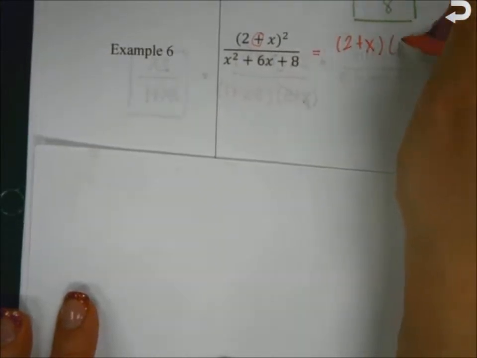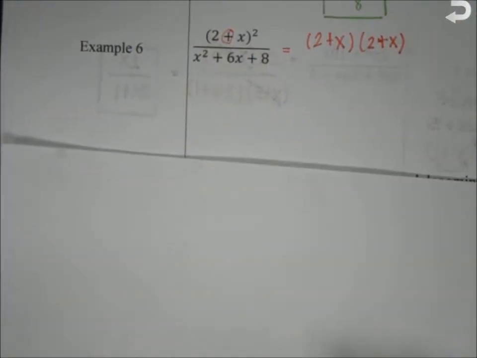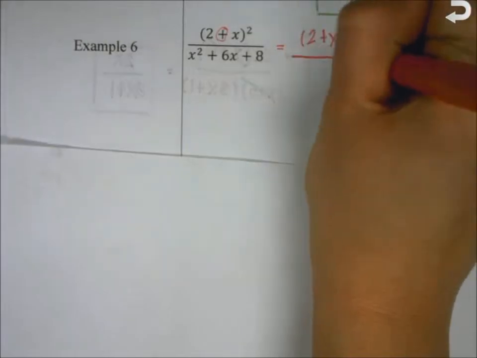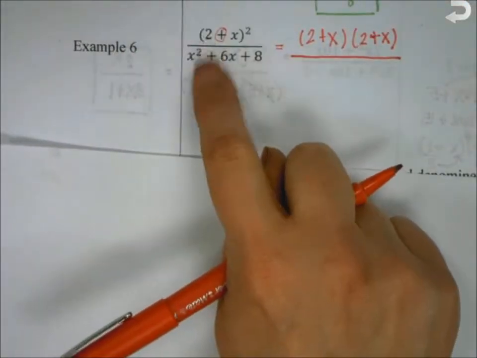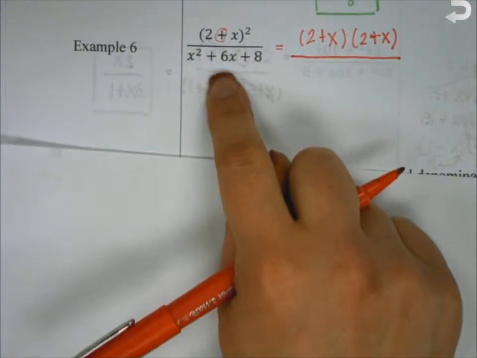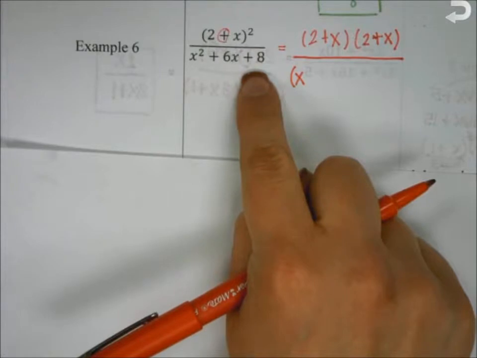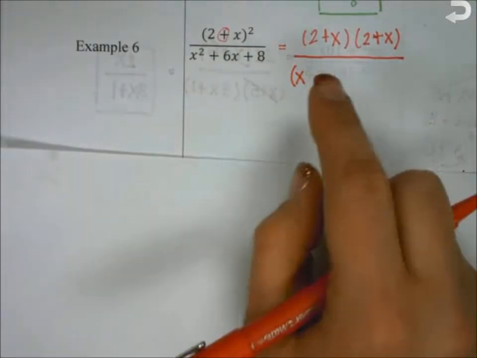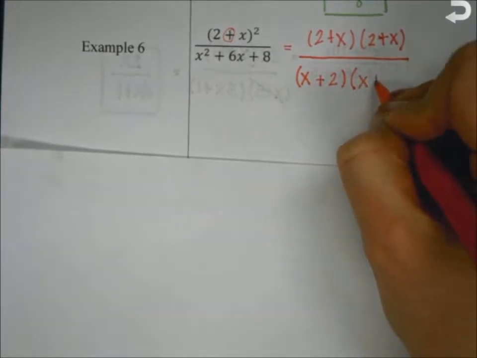And instead of foiling it all out, let's look at the denominator. Can I factor that guy? Yeah, I can use diamond there. So what two things multiply to positive 8 and add up to positive 6? 4 and 2. So x plus 2 times x plus 4. Okay, in the numerator I have 2 plus x.